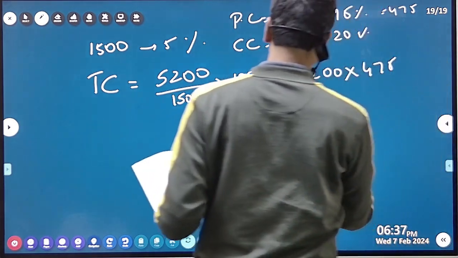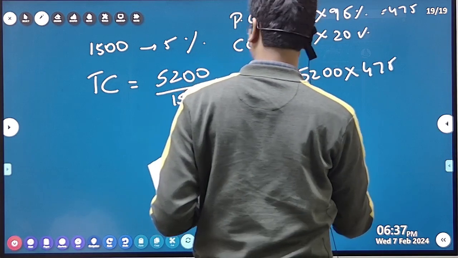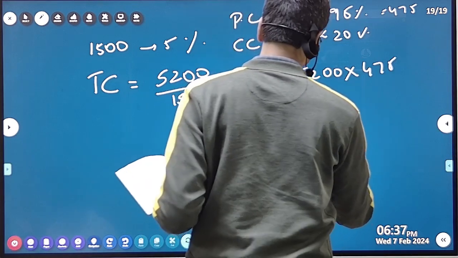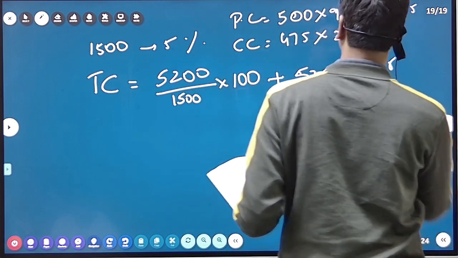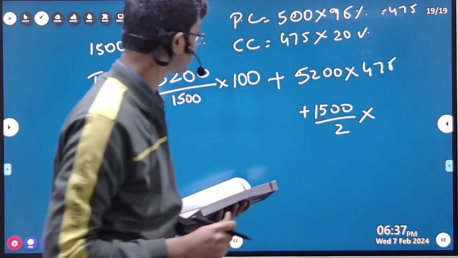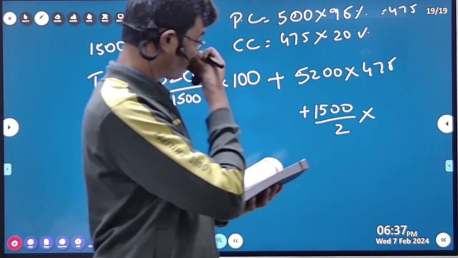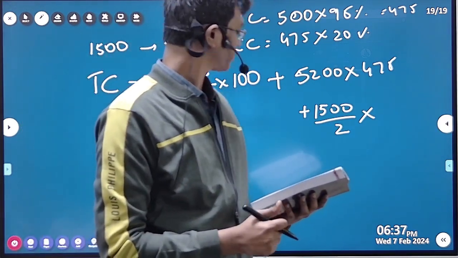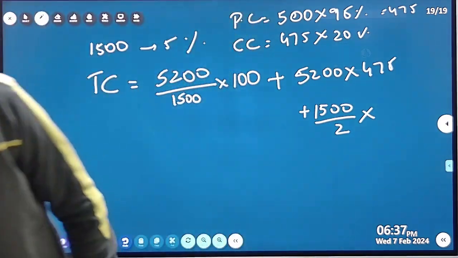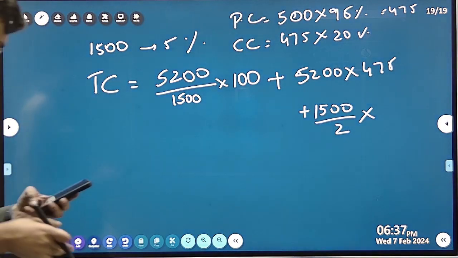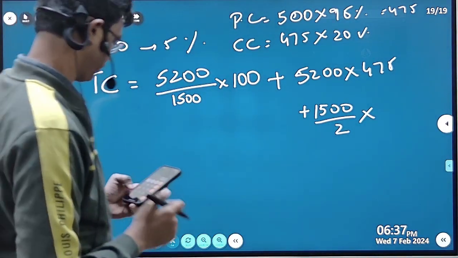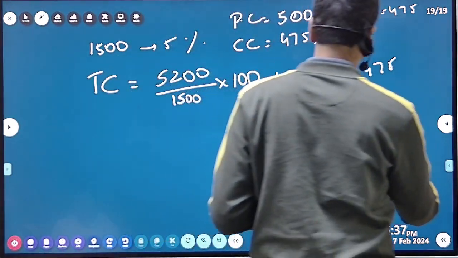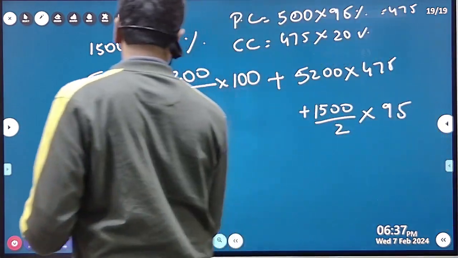So that would be 1500 divided by 2 into, so what is 475 into 20%? 95. So let us calculate the cost.